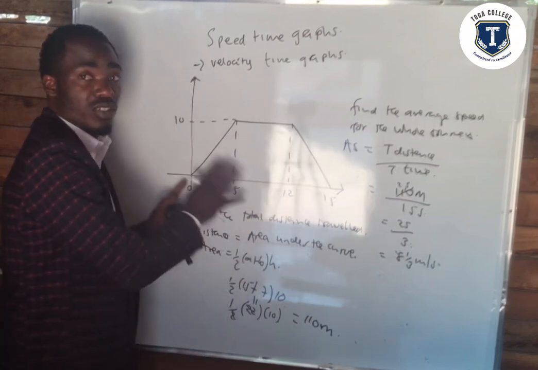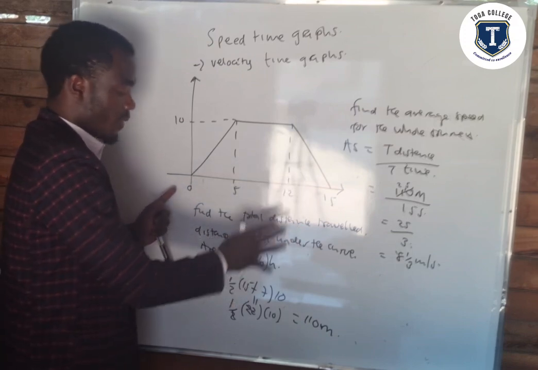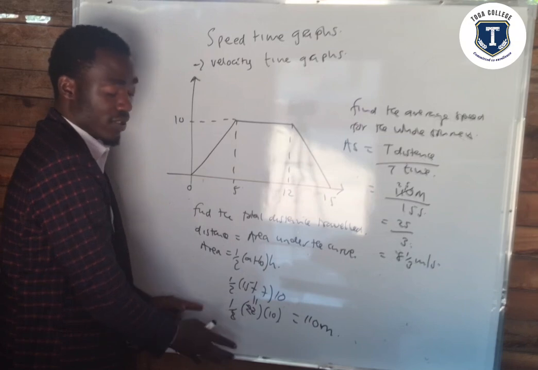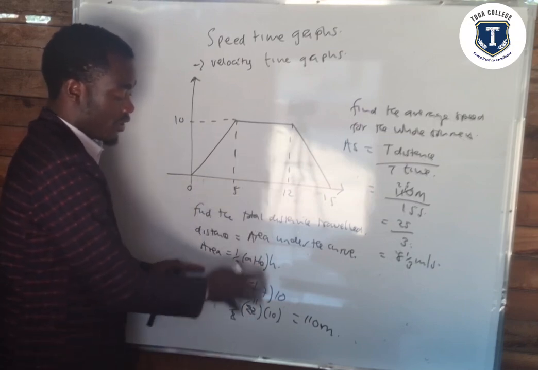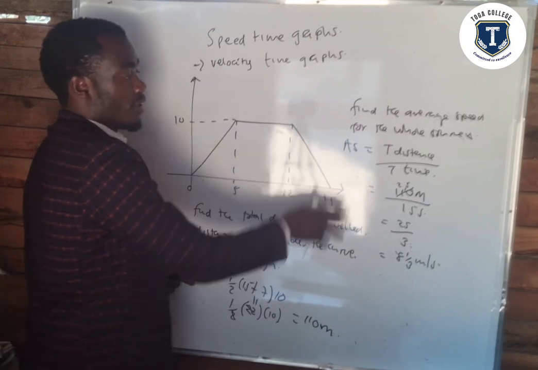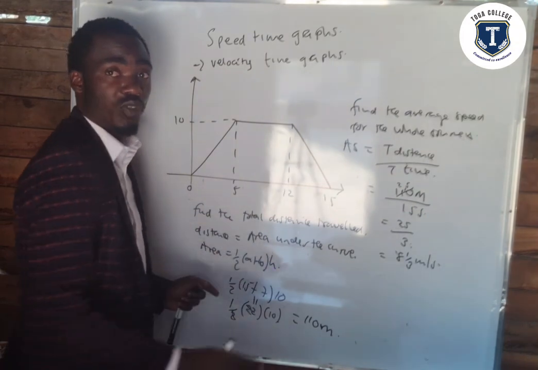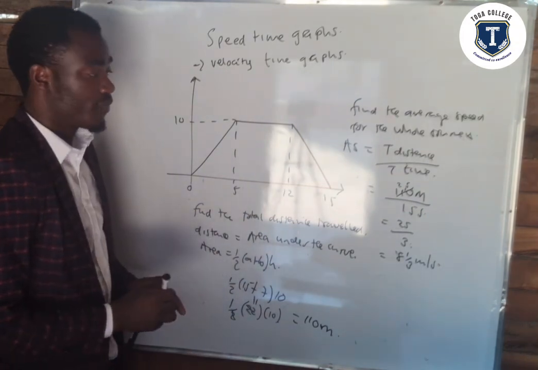If you want to find the total distance traveled, you find the area for the whole thing. This one here is a trapezium, right? So I said half a plus b times height. And then the average speed for it is total distance over total time. So that's it, right? Okay, fine.